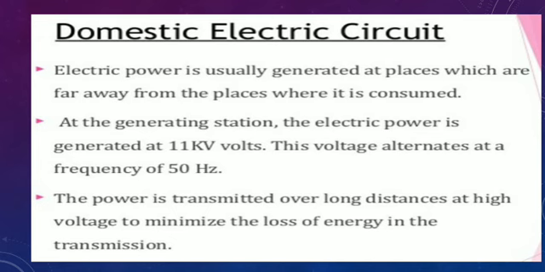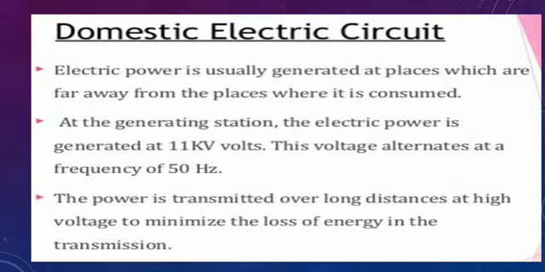When current flows through the wire or conductor, heat will be produced, and that heat is nothing but loss of energy. That's why the power is transmitted over long distances at high voltages.